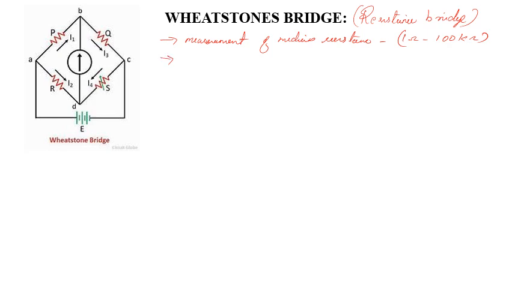Here generally we are finding the value of an unknown resistor. Here you can see 4 resistors.